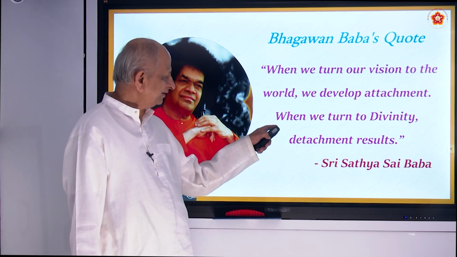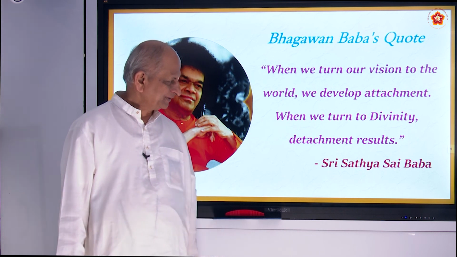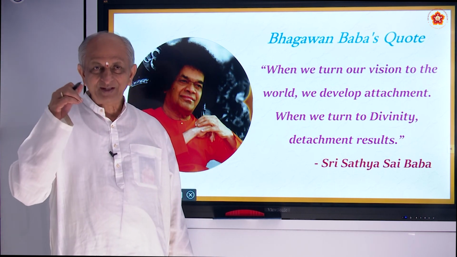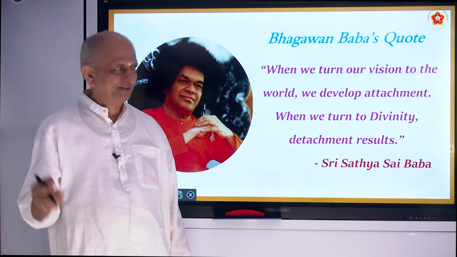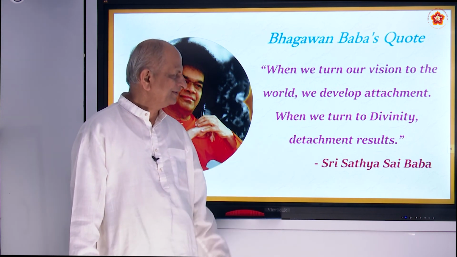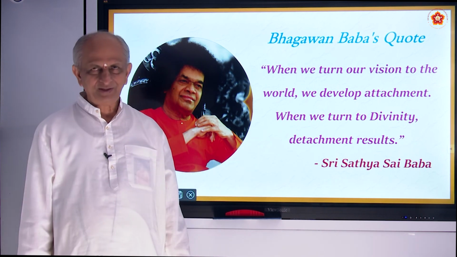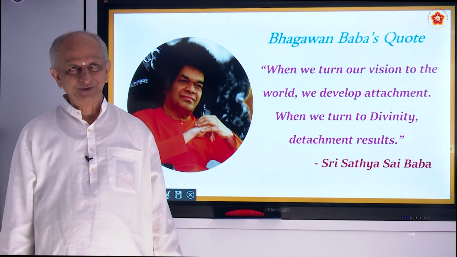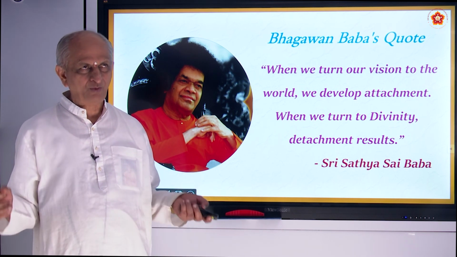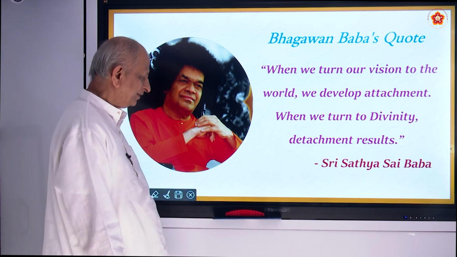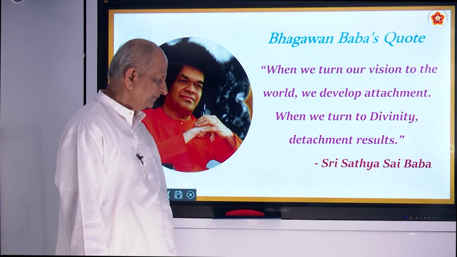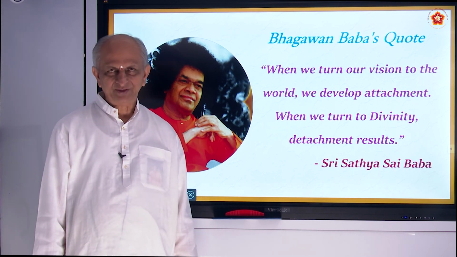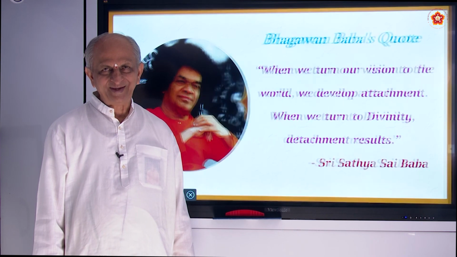If you turn to divinity, then attachment to the world reduces and you get detachment. Okay? So try to develop detachment that gives more peace, more love, more joy, and so on. That is what Bhagwan Baba says. So come prepared with the answers in the next class. Thank you.